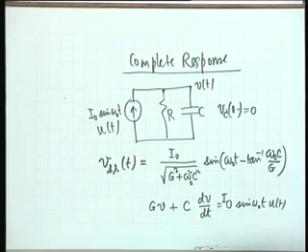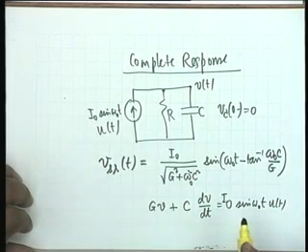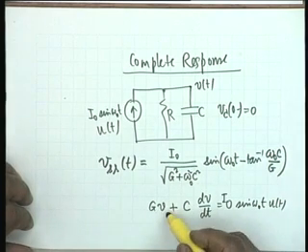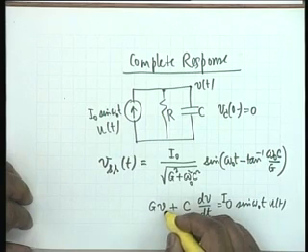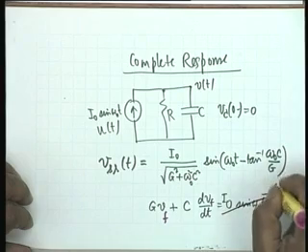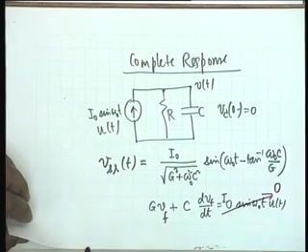To find the complementary function or the free response, let us call this VF, then the right hand side is to be put equal to 0. The free response means the complementary function.